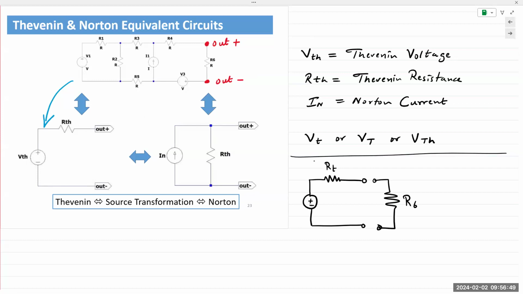This is RT, and you found VTH as, let's say, 10 volts. And you found RTH as, let's say, 10 ohms, just to keep things simple. Now, if you want to find the voltage across R6, VR6, it is a one-step answer.